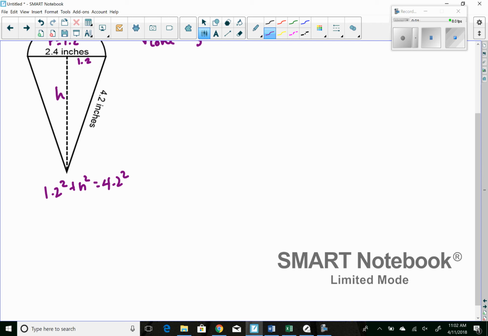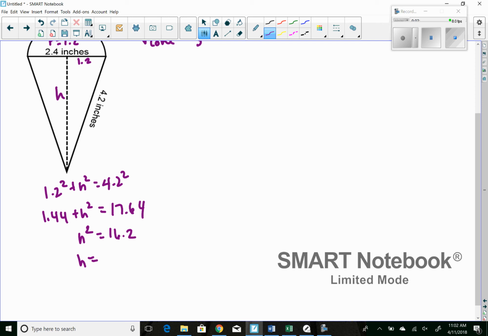If I do 1.2 squared, that gives me 1.44. And if I do 4.2 squared, that gives me 17.64. If I subtract that 1.44 from the other side, I get h squared equals 16.2.